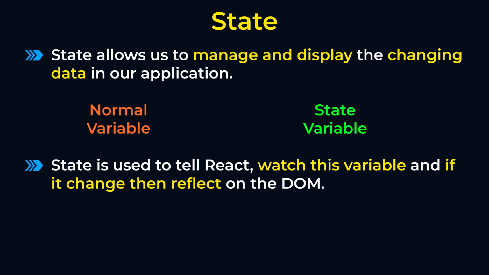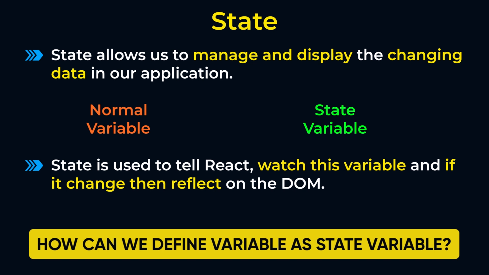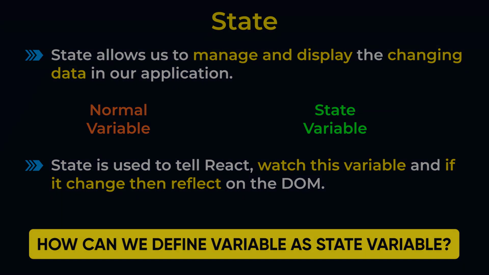But don't worry, all your doubts will clear when you see this practically. So now you might ask, how can we define a variable as a state? To define a variable as state in a functional component, we have to use one hook. But before using a hook, let's understand what a hook is.